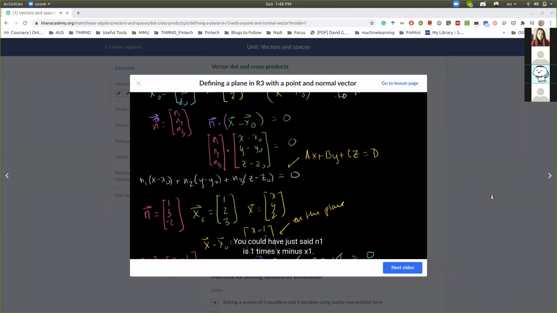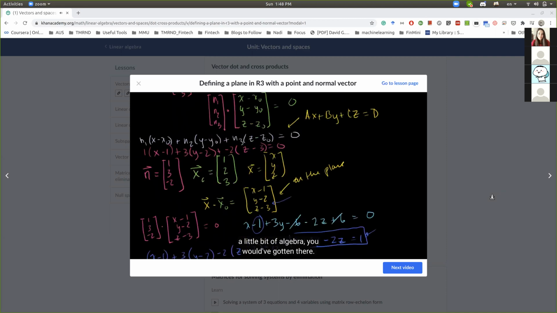You could have just said n1 is 1 times x minus x naught, so x minus 1, plus n2, 3 times y minus 2, plus minus 2 times z minus 3 is equal to 0. And then if you just did a little bit of algebra, you would have gotten there.